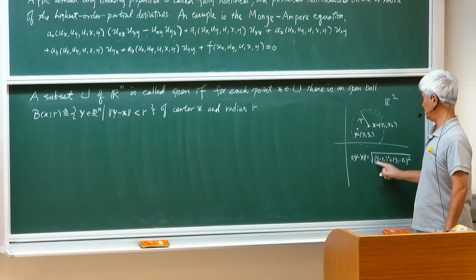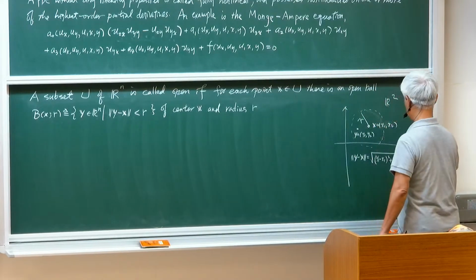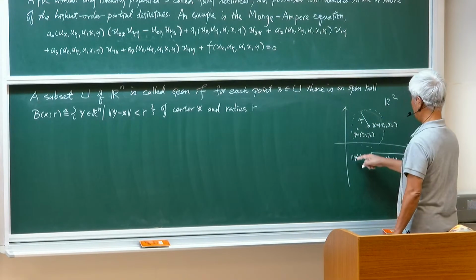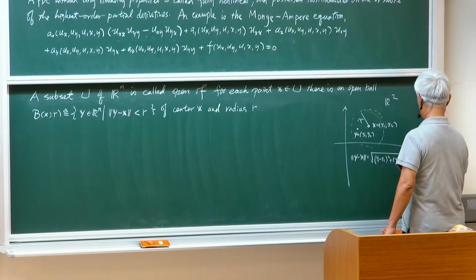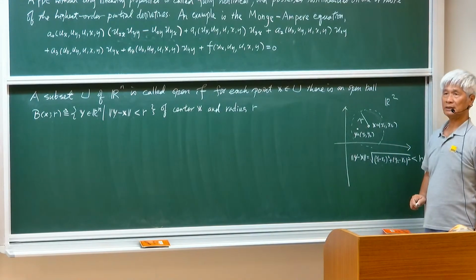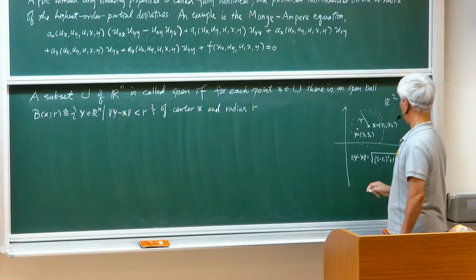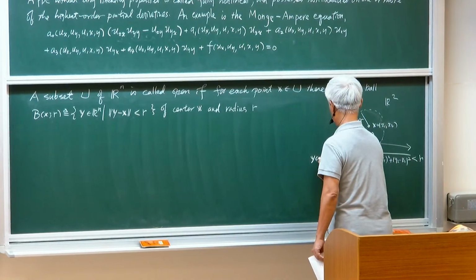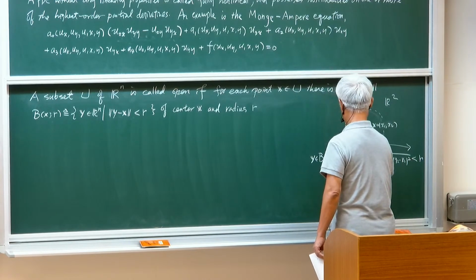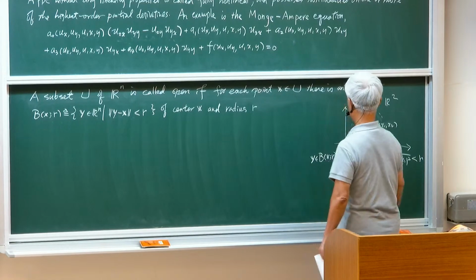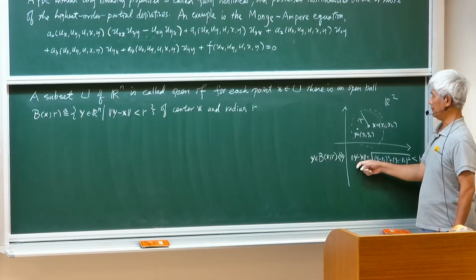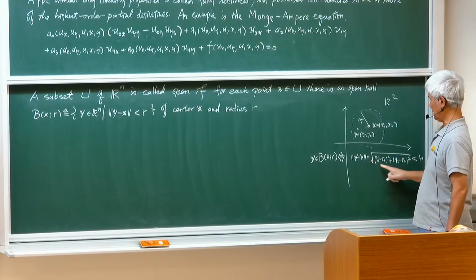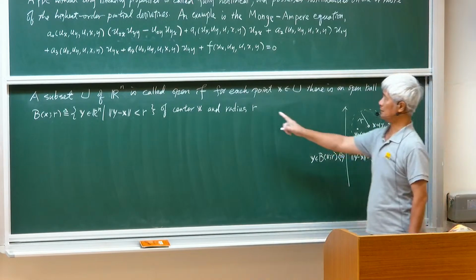We know that in the plane. The distance should be less than r. So y is in the open ball with center x if the Euclidean distance between y and the center x is less than r.